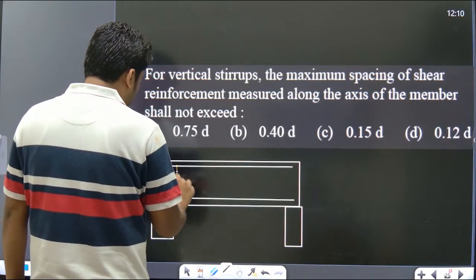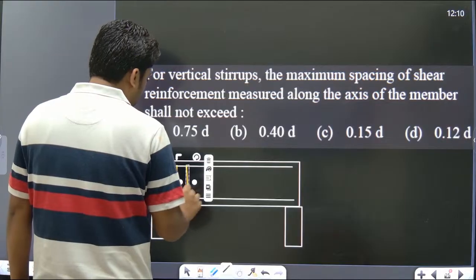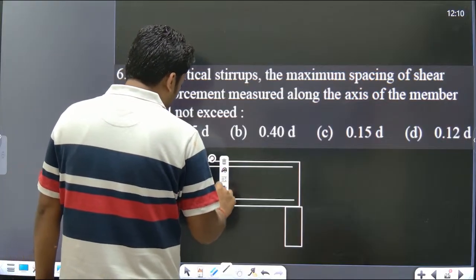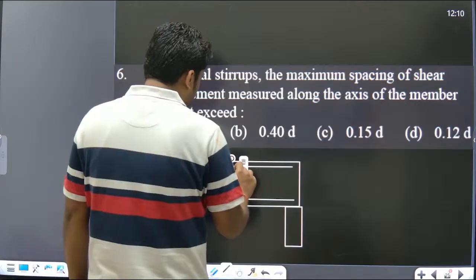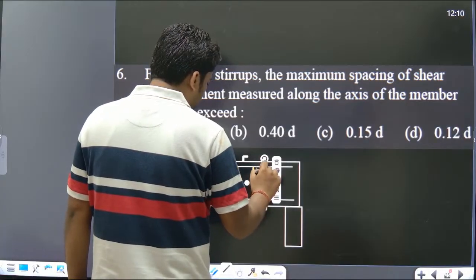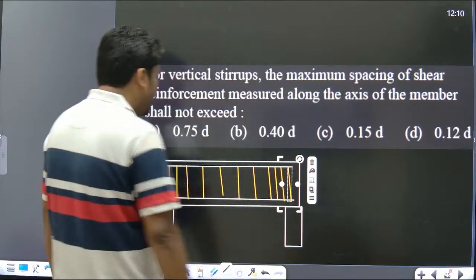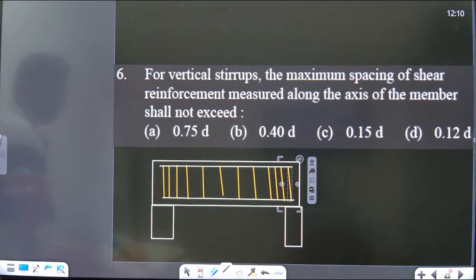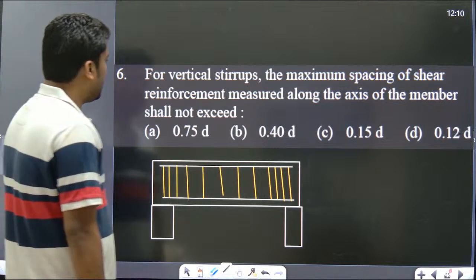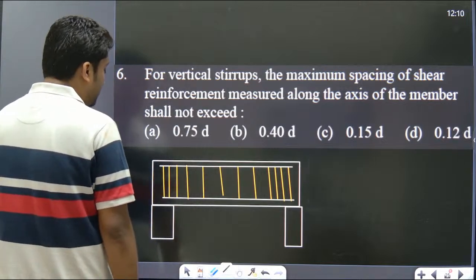Near the support, the shear force is more, hence the spacing is less. But as you progress towards the center, the spacing is more. Now for vertical stirrups, the maximum spacing of shear reinforcement measured along the axis of the member shall not exceed.